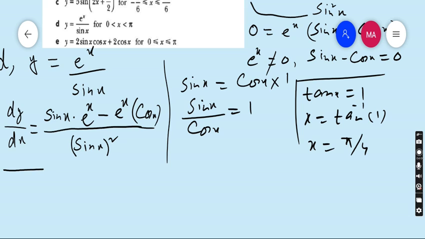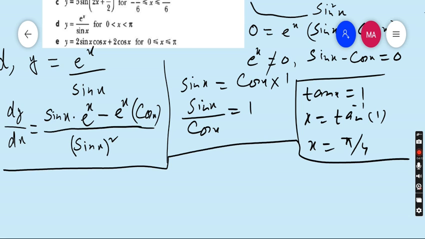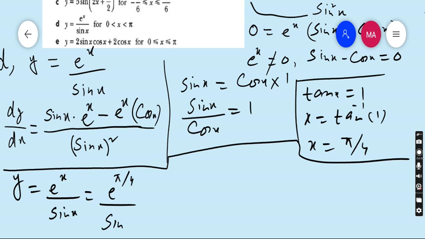The question is y equals e^x upon sin x. So x is pi by 4: e^(pi by 4) upon sin of pi by 4. Calculate this value with the help of a calculator.